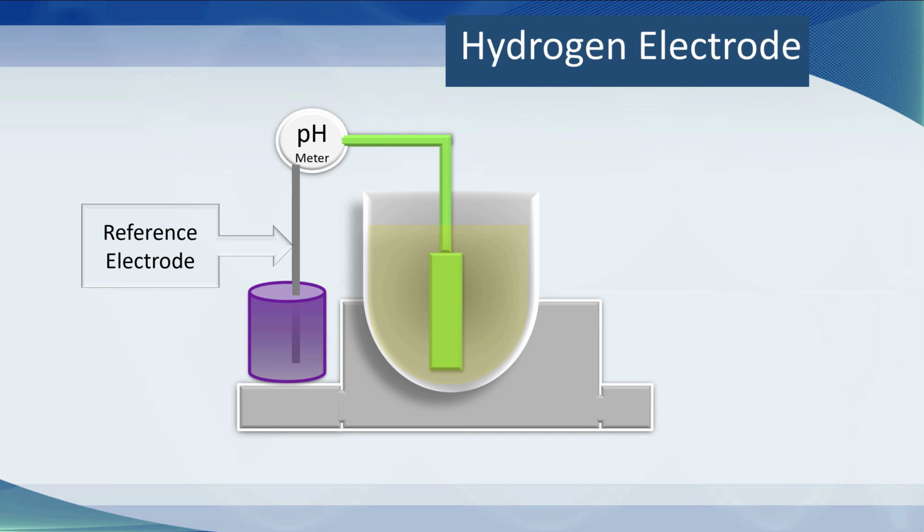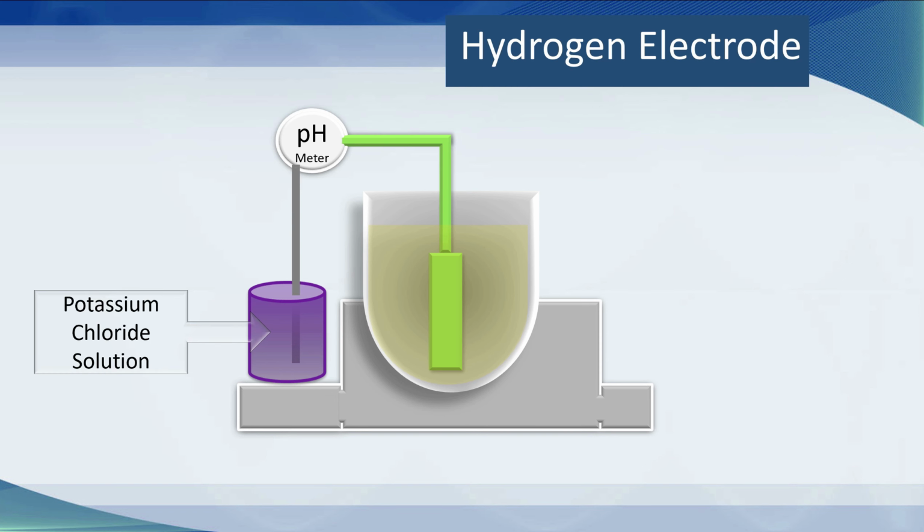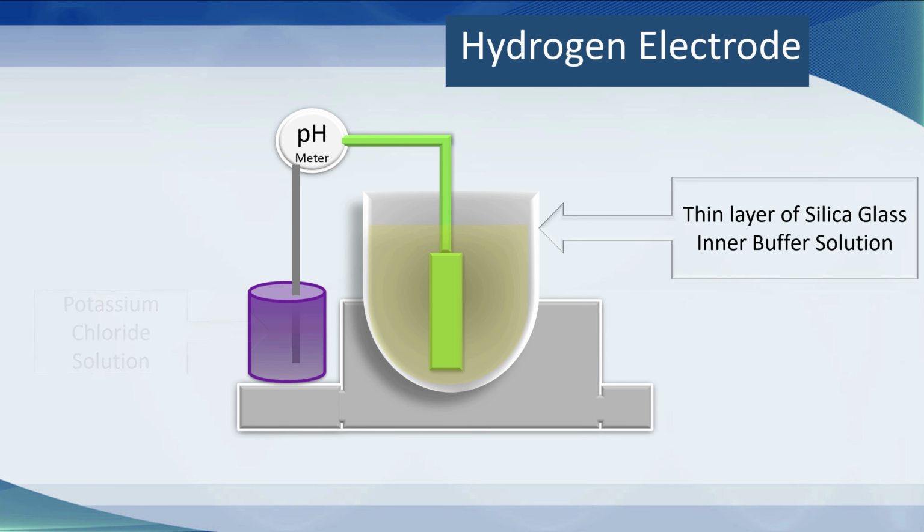Both electrodes are connected to the voltmeter. The reference electrode is in a potassium chloride solution that does not contact the blood. It is a salt bridge. The pH electrode is located in a thin layer of silica glass and surrounded by a chloride-based buffer solution.